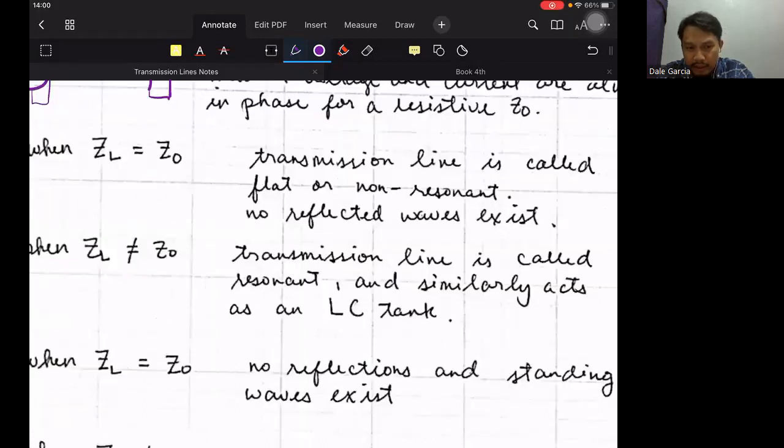Remember one of the descriptions of an LC tank: an LC tank will store energy infinitely.